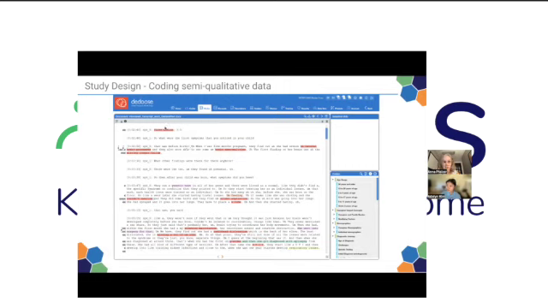And then what this program does is, there's some bits of manual entry that you have to go in and do, but you can use this software to pick up symptoms or topics or words or phrases that are mentioned throughout the interview.